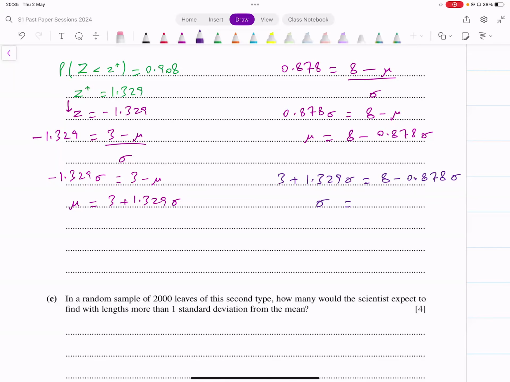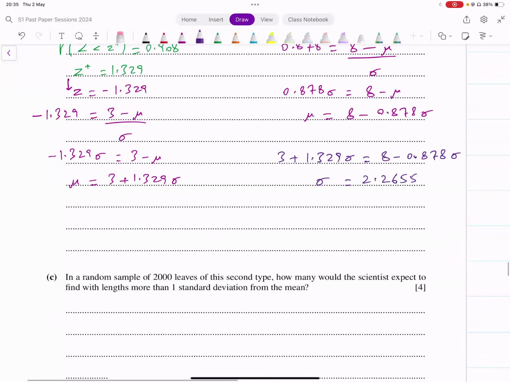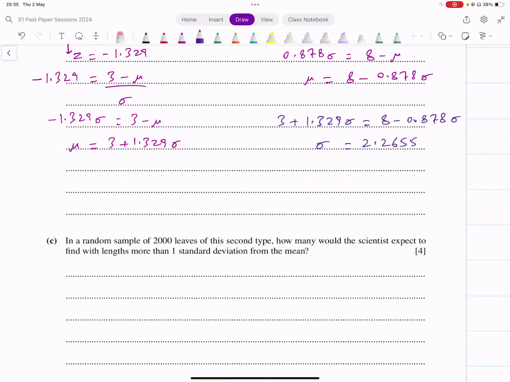Let's see what that turns out to be. 8 minus 3 is 5, right? 5 divided by 1.329 plus 0.878. And that's giving me sigma equal to 2.2655. That's the value of sigma that I'm getting. Now we put this value of sigma back in the mu equation. We can put that in any of them. What's the value of mu that we get from this?